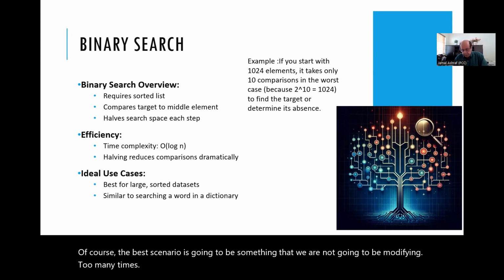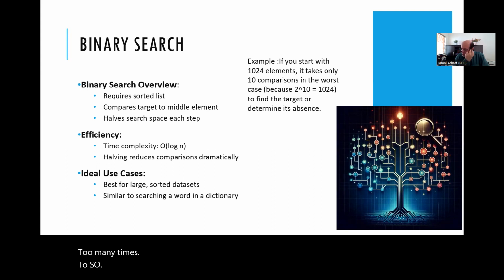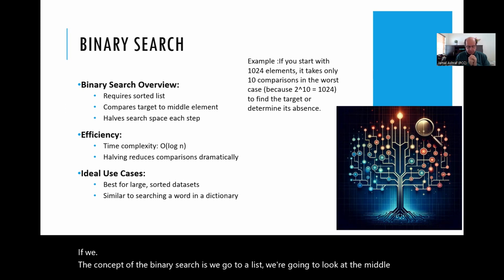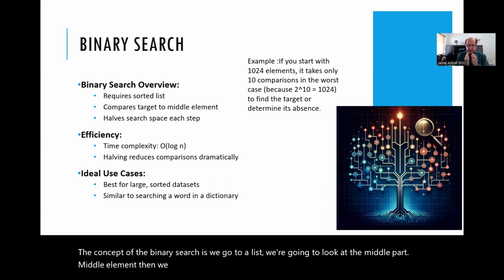So the concept of the binary search is we go to a list, we're going to look at the middle part, middle element. Then we ask the question, is the middle element what I'm looking for? If that's the case, I'm done.